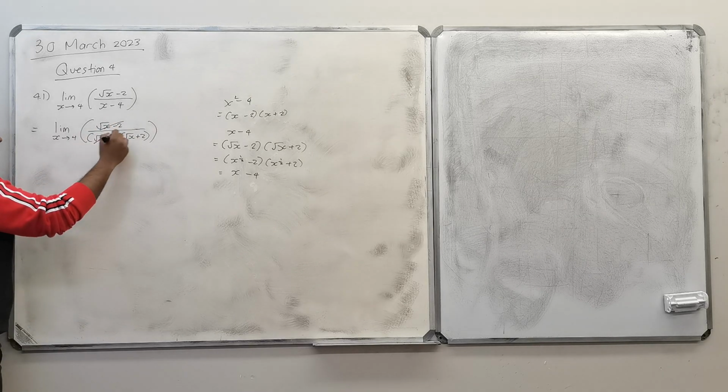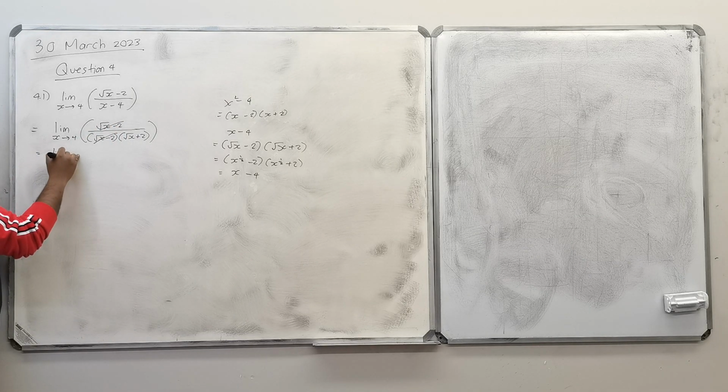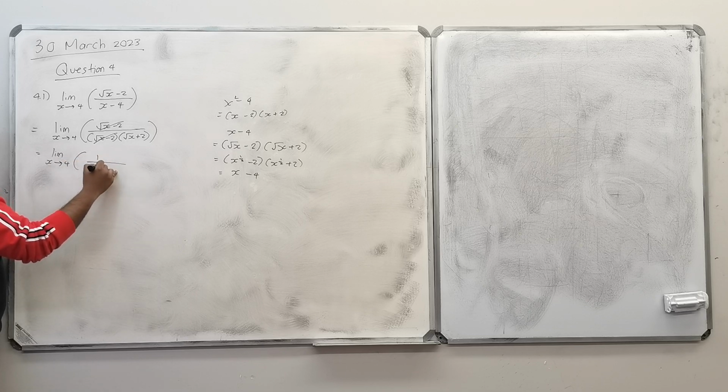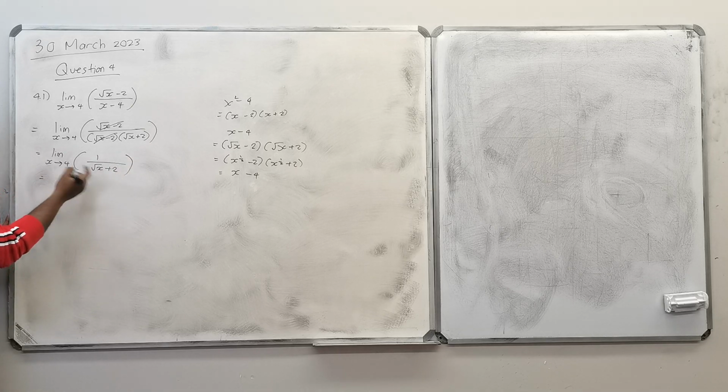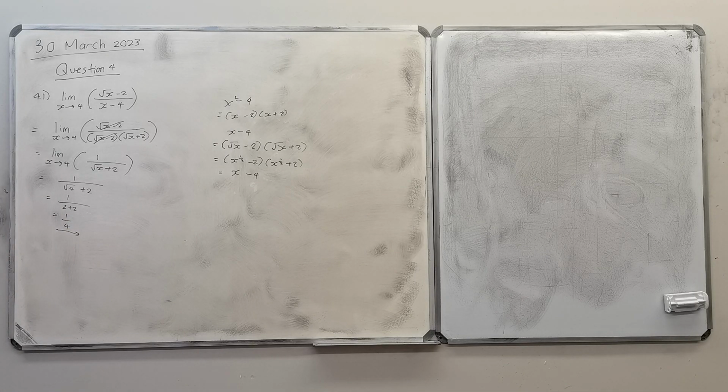So cancel, cancel, and you're left with the limit as x approaches 4 of 1 over square root of x plus 2. Then you substitute: 1 over square root of 4 plus 2, which is 1 over 4. That's it.